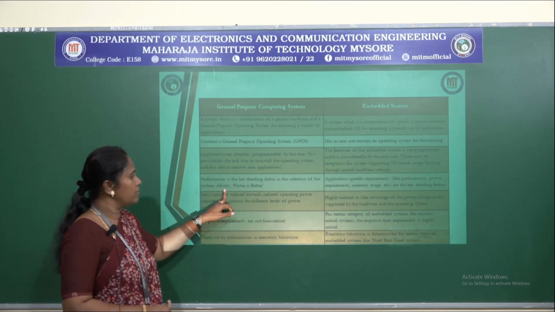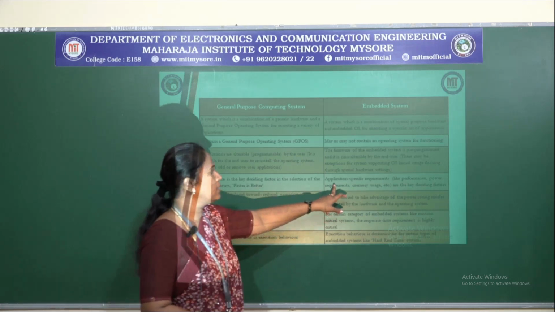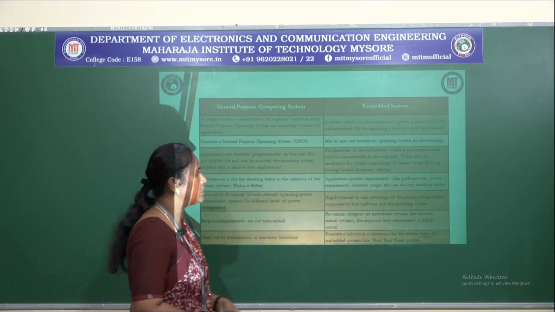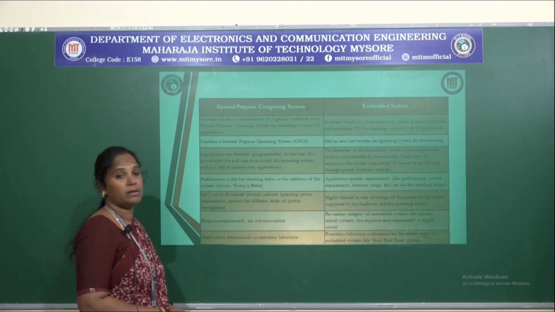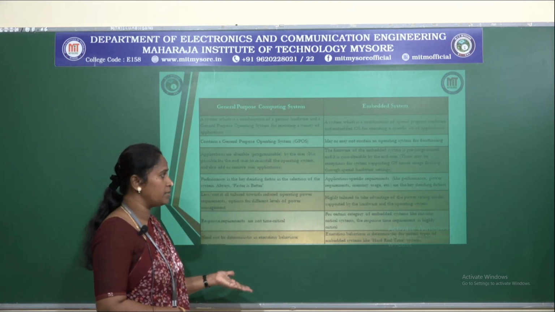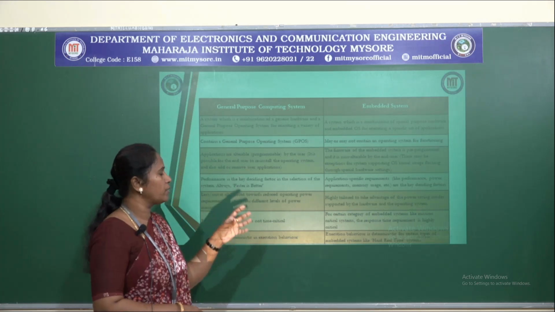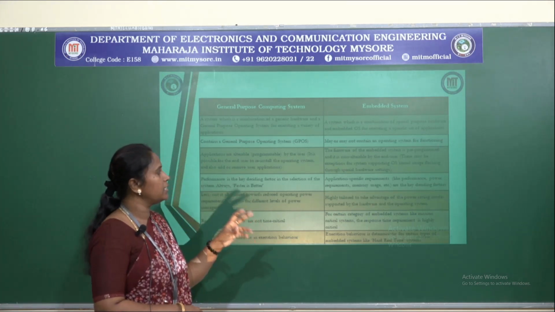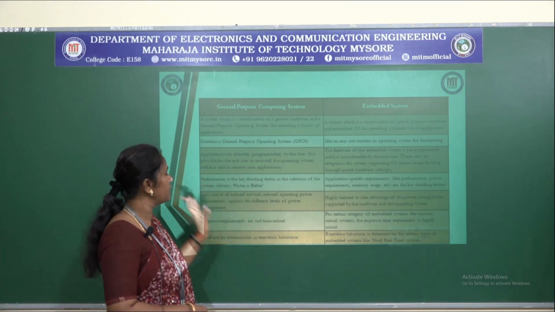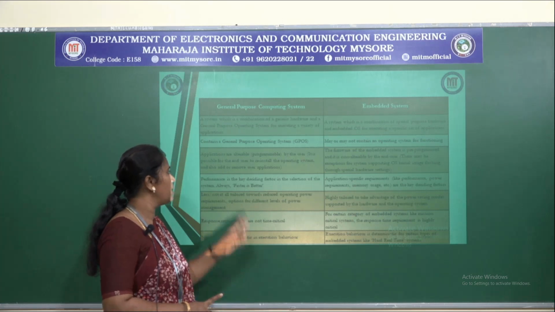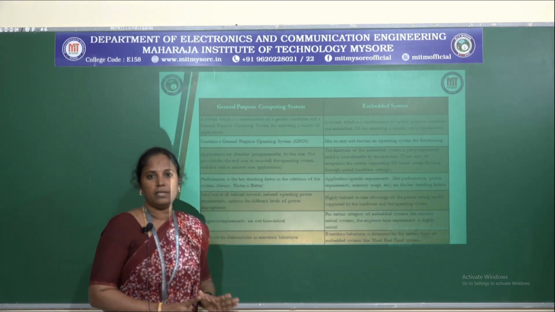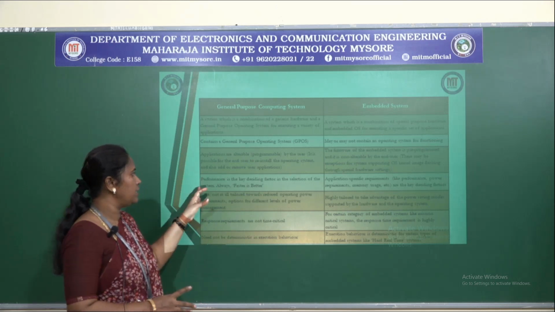But compared to that, in your embedded system, performance as well as power consumption and memory usage are the deciding key factors we are going to consider. But in the case of general purpose computing system, only the speed is considered.